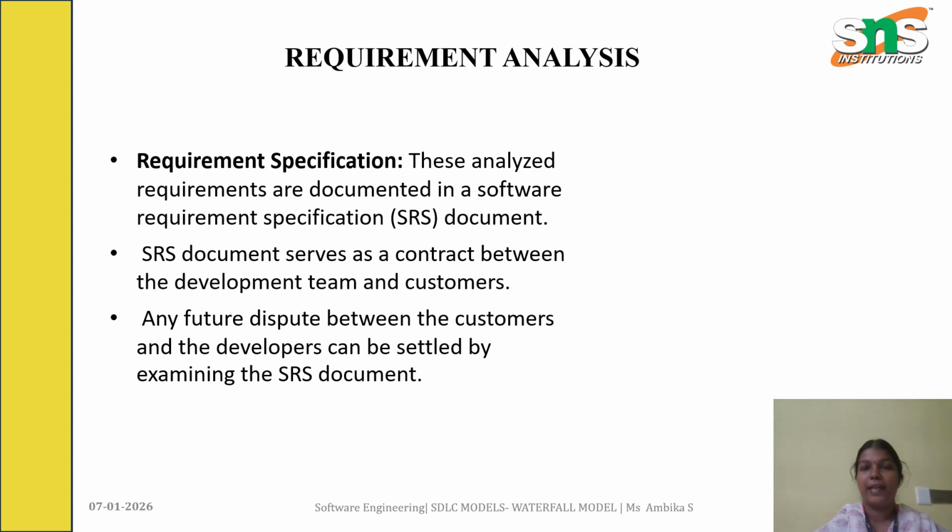Once the requirements are analyzed, these requirements will be documented in the software requirement specification, SRS document. This document will act as a contract between the development team and the customers. So if there are any further disputes between the customer and the software developer, the SRS document can be examined.